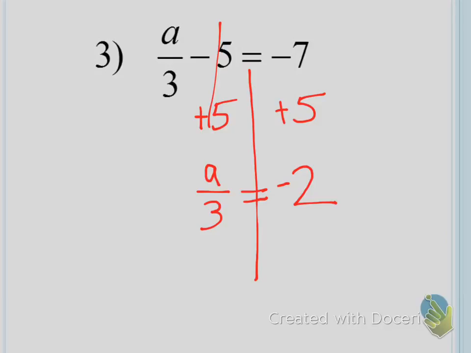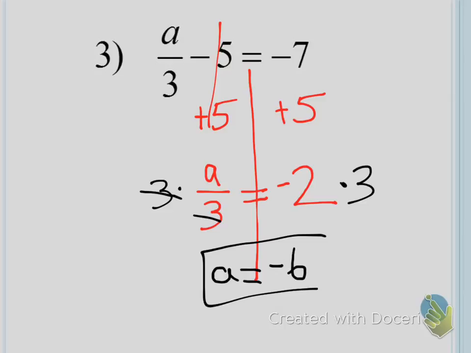I'm already dividing by 3. Dividing does not undo dividing. Yes, you have to multiply both sides by 3. So the 3's cancel. I have a equals negative 2 times 3, which is negative 6. Questions?